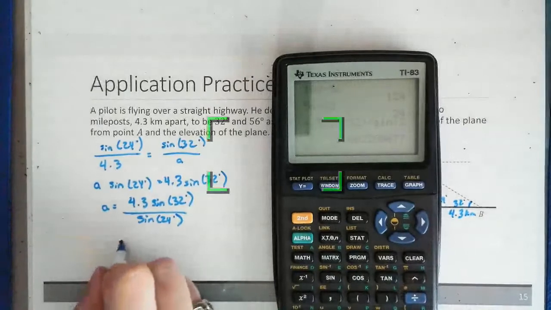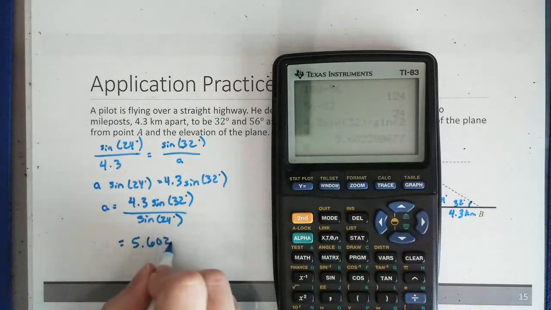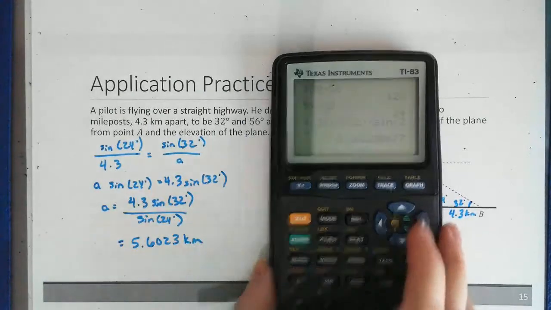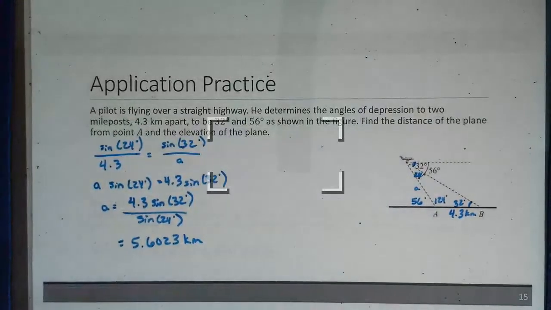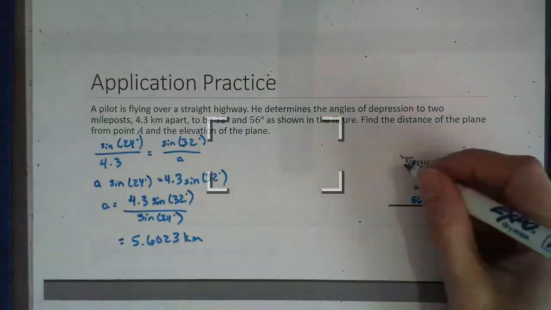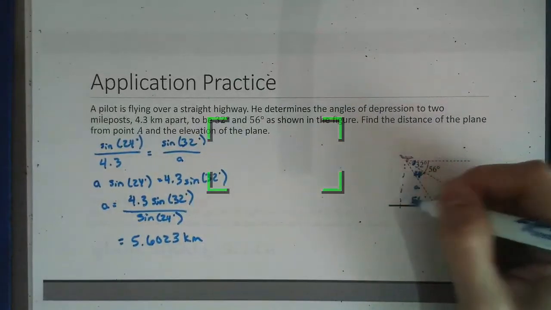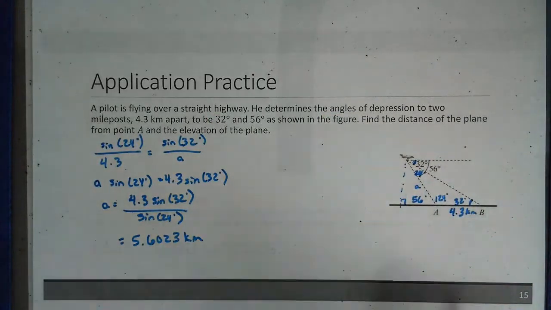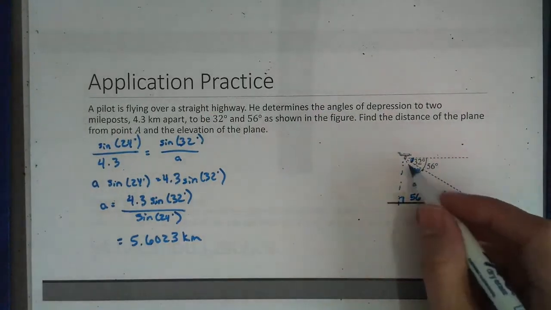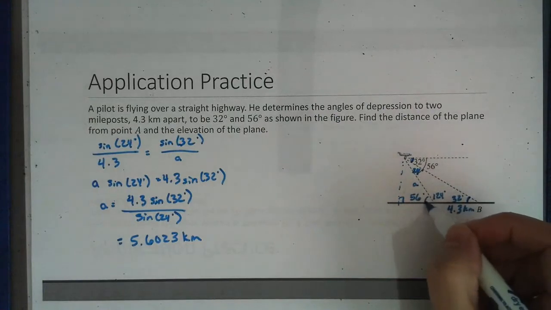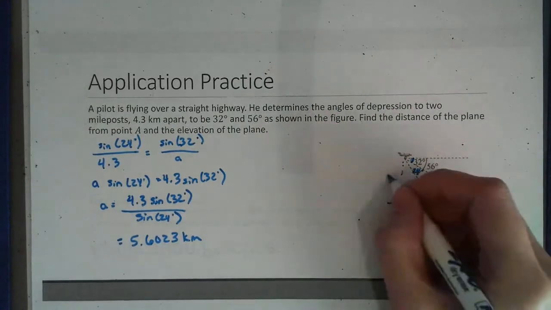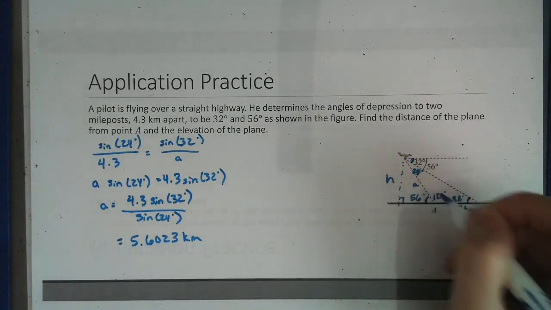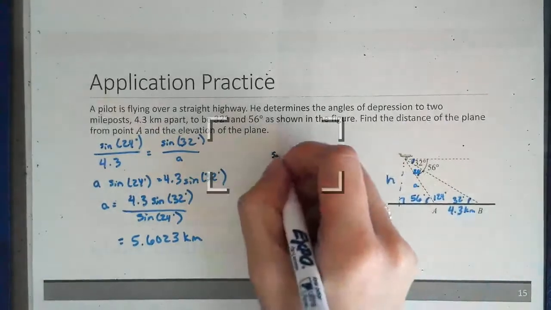Side A is equal to 5.6023, and we were measuring distance in kilometers. We also wanted to find the elevation of the plane. That's how high it is straight off the ground. Well, straight off the ground, that makes a right triangle. I know this side, and I know this angle. I want to find height, which is opposite. So the opposite and the hypotenuse, that's sine.